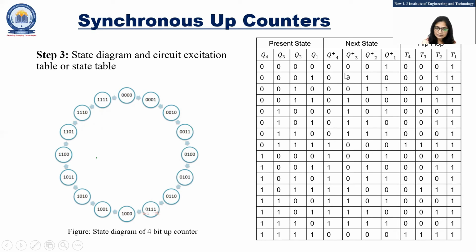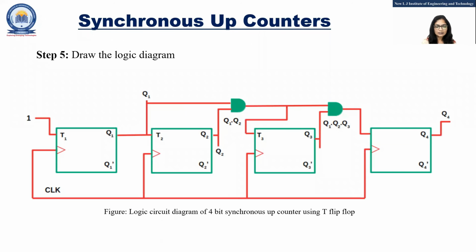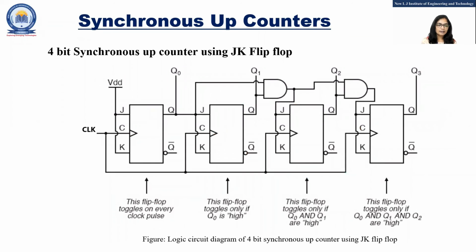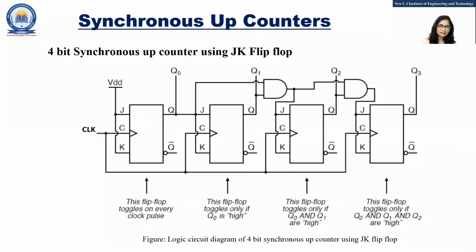This is the excitation table. Then you have to design the K-map, and from that you have to design the circuit. Fine. Now this is the 4-bit synchronous up counter using JK flip-flop. The circuit will be the same; instead of T, we will use JK here.